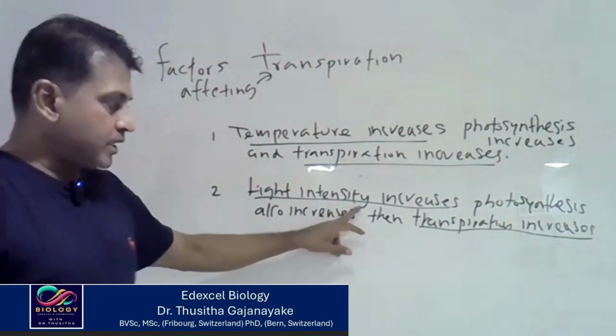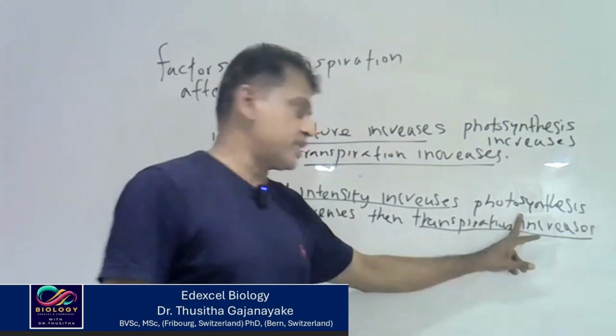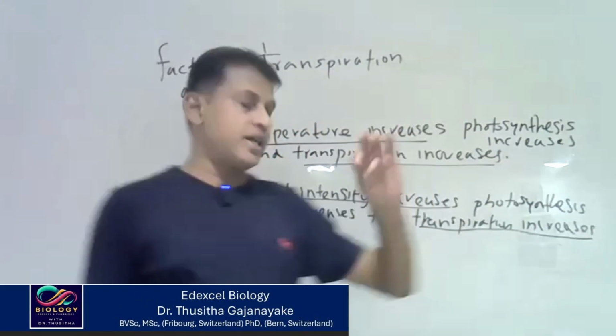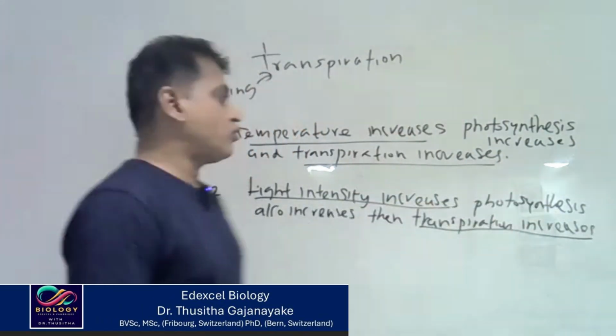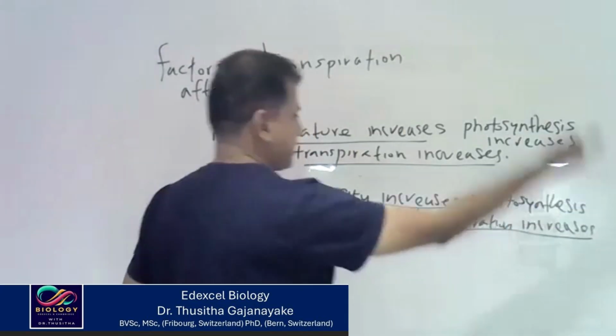Light intensity increases, the rate of photosynthesis increases, because light energy is an important factor for photosynthesis. Then transpiration increases.